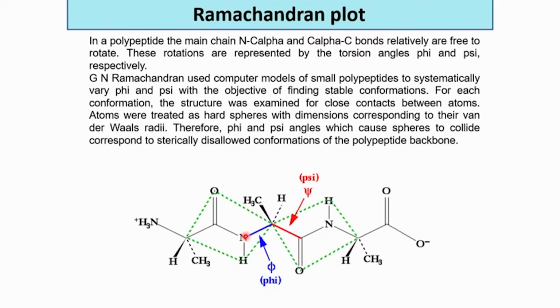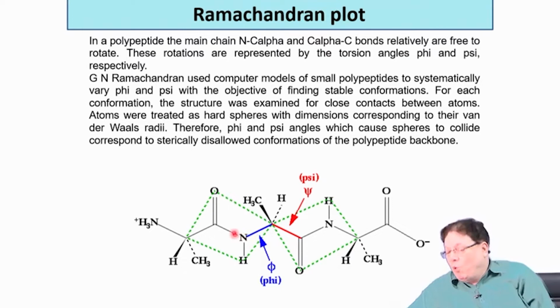Okay. That is the angle which is not reflected here. The common line between these two planes is this carbon-nitrogen bond, and for the psi dihedral angle, the common line is this one, the carbonyl carbon and the carbon.